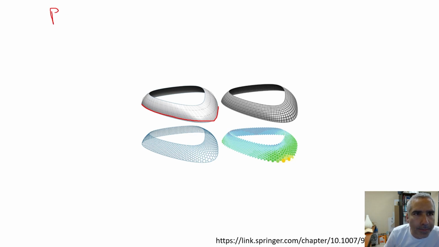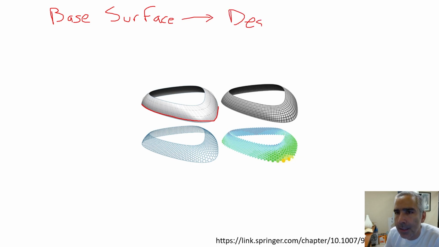So here is the first concept. You have a base surface, and this base surface will normally correspond to your design intent. So what you want to accomplish with your design, what you want to do with your design.